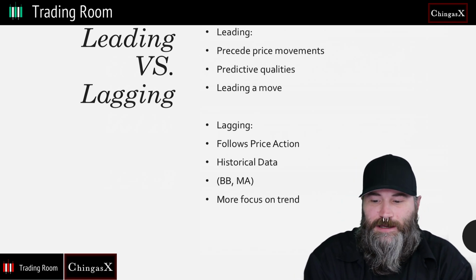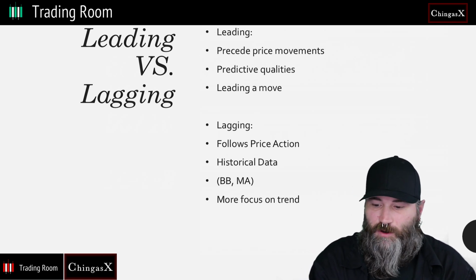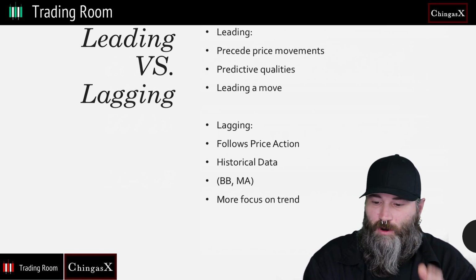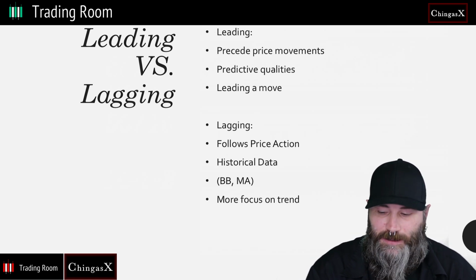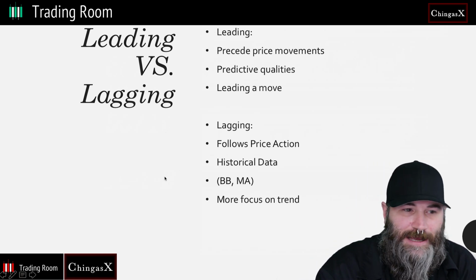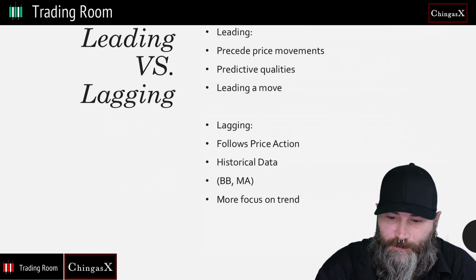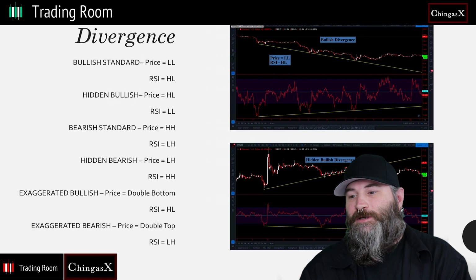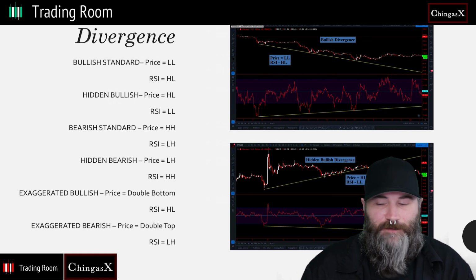Whereas a lagging indicator follows price action. It's based off of historical data, similar to Bollinger Bands or moving averages. Those are good examples of lagging indicators. Lagging indicators also have more of a focus on the actual trend itself. Now, let's get into RSI. Divergence.